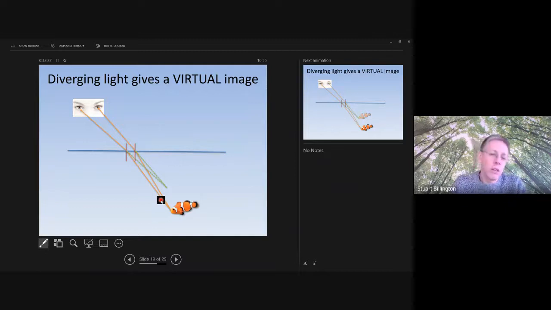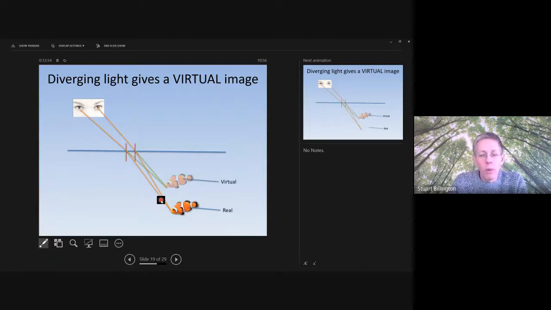And so our imaging system in our brain traces the diverging rays of light backwards until a point where they think they came from. And that's where our brain will think that an image is. So how does that apply to our diagram?